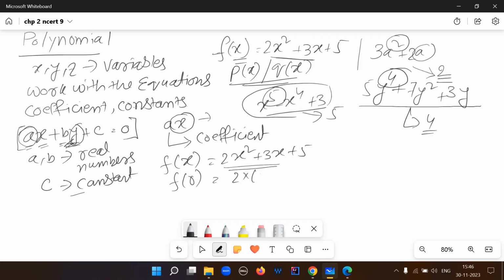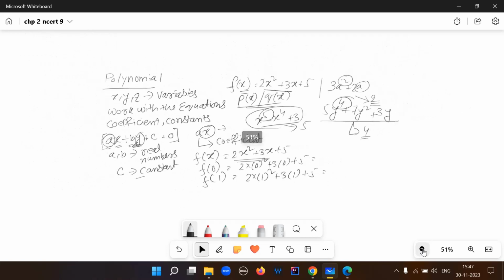Like f of 0 is 2 into 0 square plus 3 into 0 plus 5. F of 1 is equal to 2 into 1 square plus 3 into 1 plus 5. This is simple.